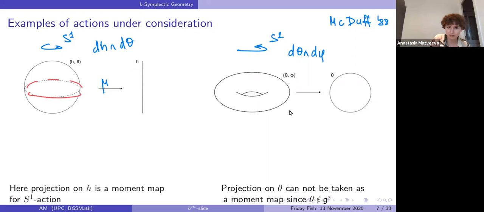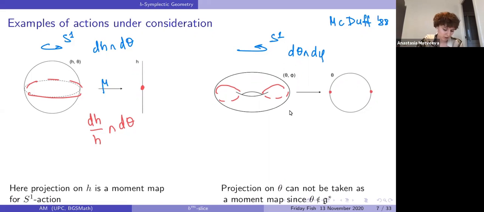So you'll have, again, a sphere with a singularity along the equator, rotated by S1, with the form dh over h wedge d theta. You want to have some kind of moment map here, which I'll define on the next slide. And a similar situation with the torus: you can throw singularities here like that. As an exercise, you can prove why you need at least 2 circles here, and you want to have a moment map, something similar to that.